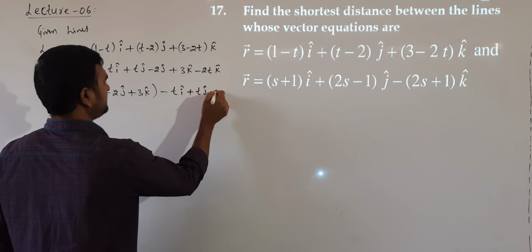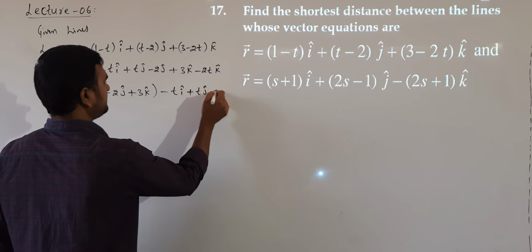Separating the i, j, k terms and the s terms, see what we get: i minus j minus k plus, taking s common, (i plus 2j minus 2k). So now it is in the form r bar equal to a2 bar plus mu b2 bar. So compare the given lines with the standard form.